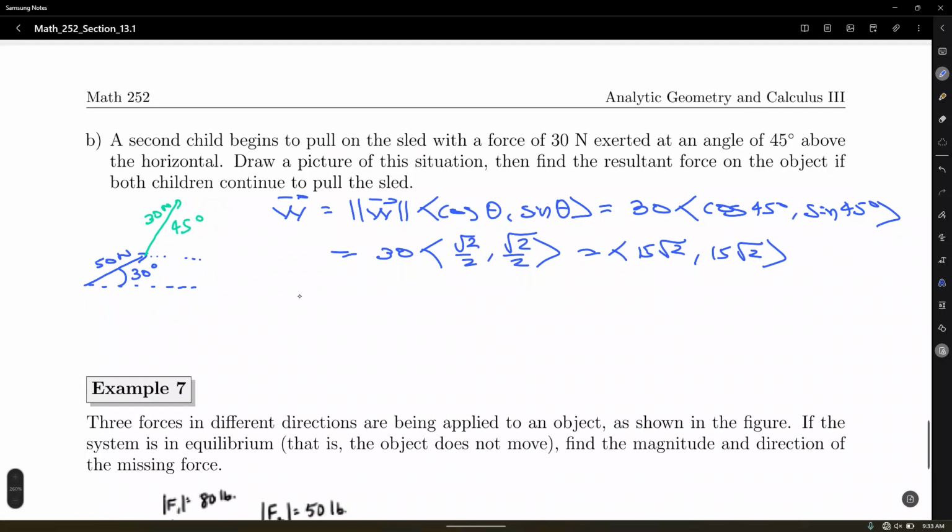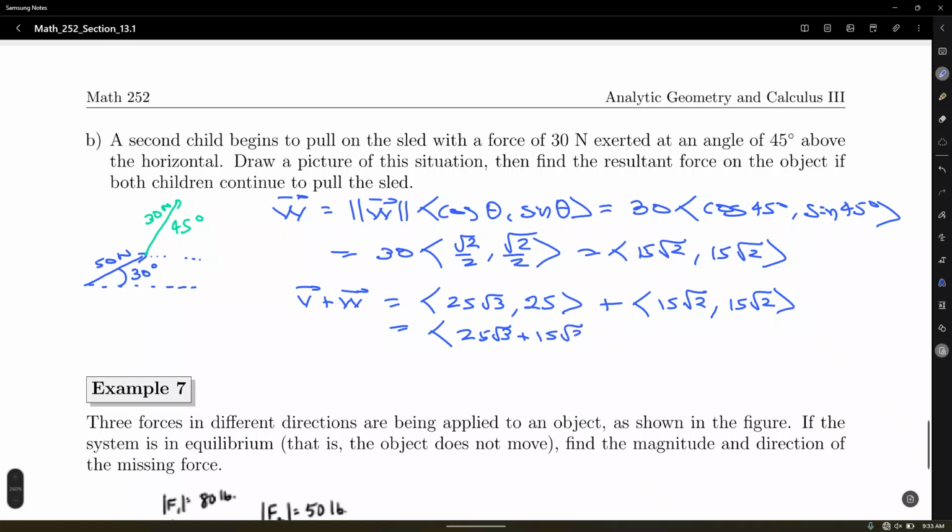So we need to add V plus W. So that is 25 root 3, 25, plus 15 root 2, 15 root 2. Yes, these number computations are going to be weird, so let me leave it in exact form. That is 25 root 3 plus 15 root 2, comma 25 plus 15 root 2. So this is the resultant vector.